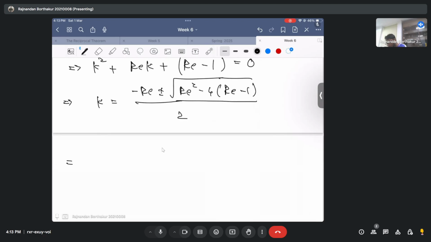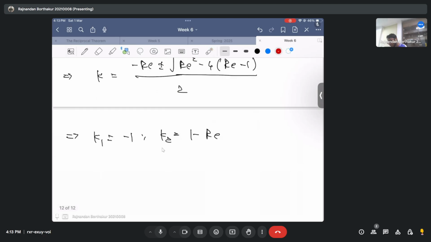Then k1 will come out to be equal to 1 and k2 will come out to be equal to 1 minus Re, because you take the plus sign once and the minus sign once. That's the roots of this equation for k.